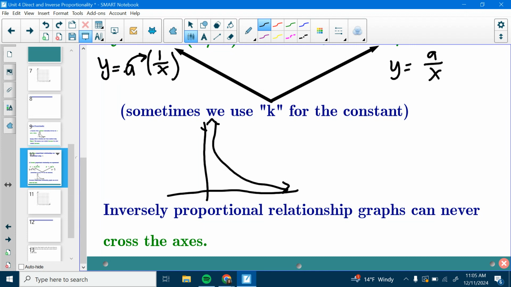Okay, and that is because if we have a 0 for x, and I plug that in my equation, y is equal to, let's use 9, over 0. 9 over 0, okay? If you type that in your calculator, it will say error because we cannot divide by a 0, okay? So we will never cross the axes.